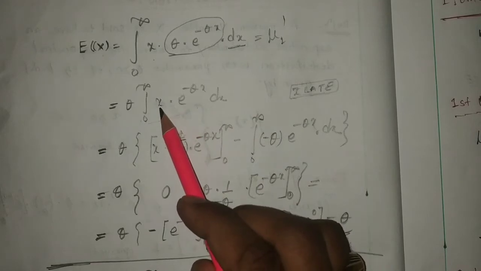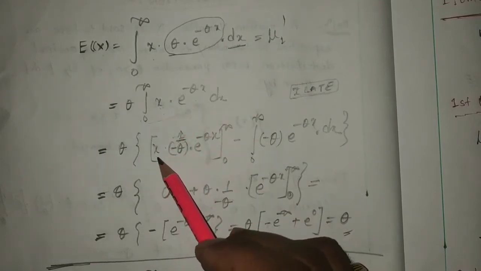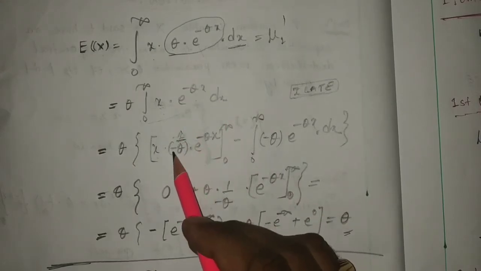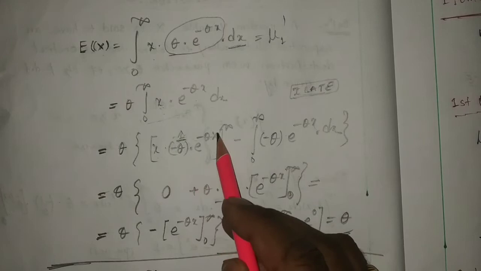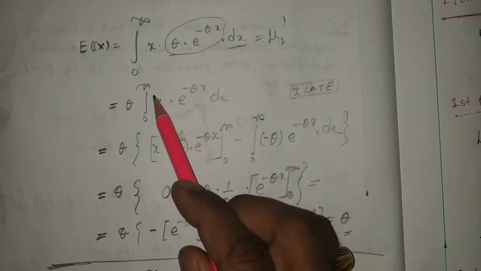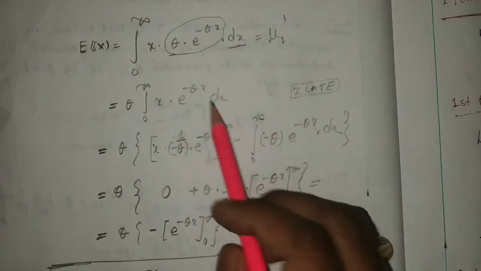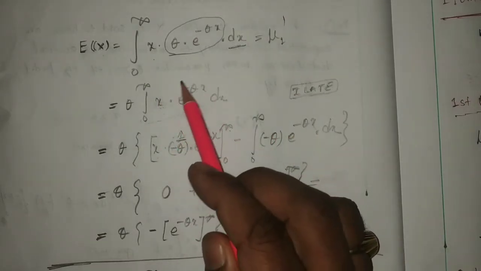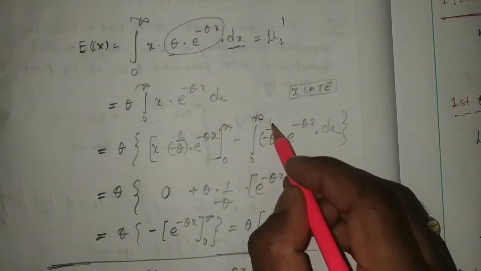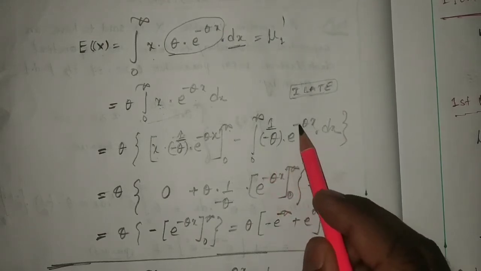This is the first function, and this is the second function. So the first function stays, times the integration of the second function, which is 1 by minus theta into e to the minus theta x from 0 to infinity, and then minus the integral of the derivative of the first function, which is 1, times the integration of the second function, 1 by minus theta into e to the minus theta x, into dx.